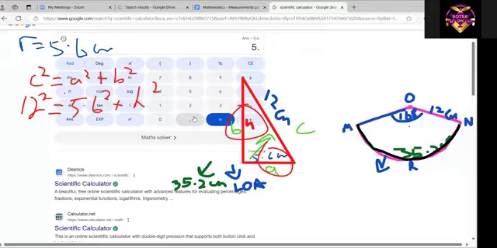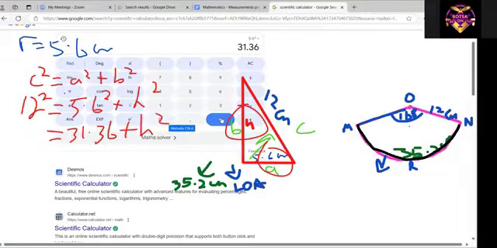So 5.6 squared is what? Okay, so I'll put it as that. I don't want to round off anything yet. It's not good to round off while you're working on a question. The best time to round off, if they don't tell you to round anything, is when you get your final answer. So 12 squared, 12 12s are 144.